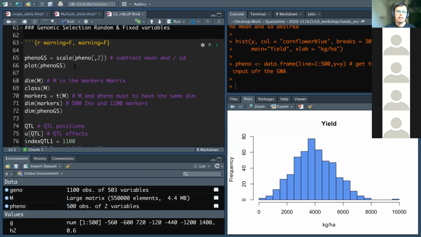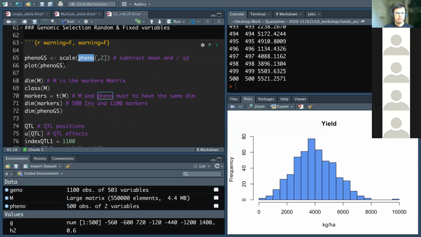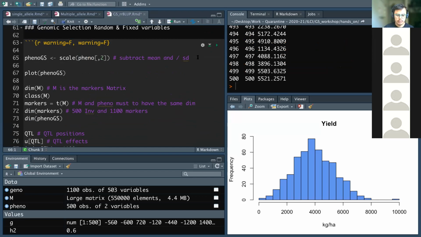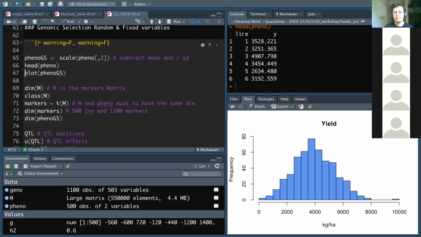So in genomic selection, the first thing that we need to take is the phenotypic data. Remember that we have this phenotypic data that we produced in the previous script. Basically, we have the line and the phenotype.